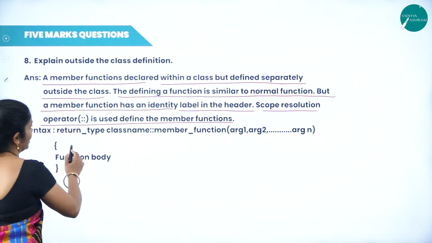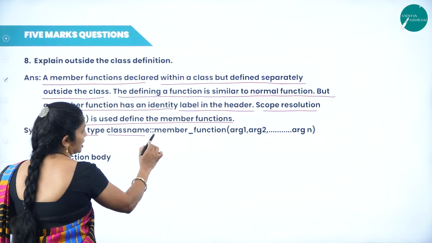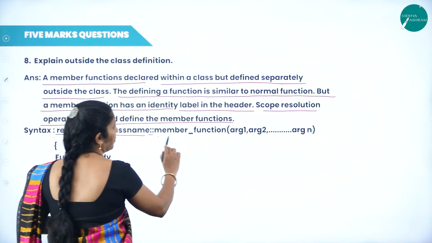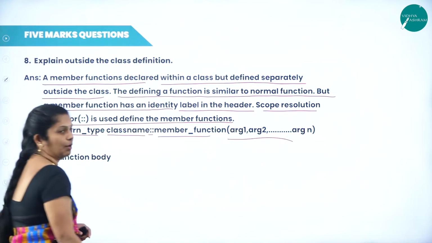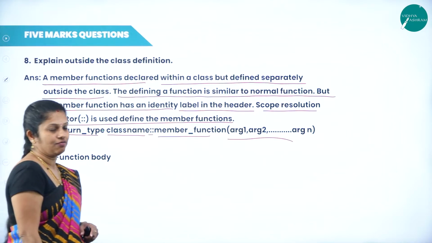While writing the syntax, first you have to write the return type, then the class name. Then the scope resolution operator, then the member function. Then inside the bracket you have to write the arguments. Then inside the curly brackets you have to write the function body.